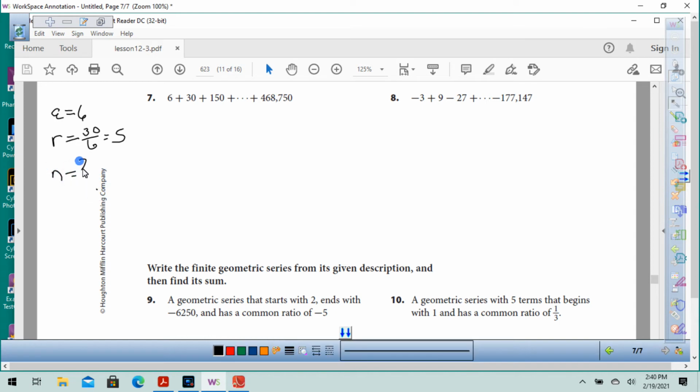What is n? All right. So I got 468,750 equals 6 times 5 to the n minus 1. Divide both sides by 6, and I got 78,125 equals 5 to the n minus 1.